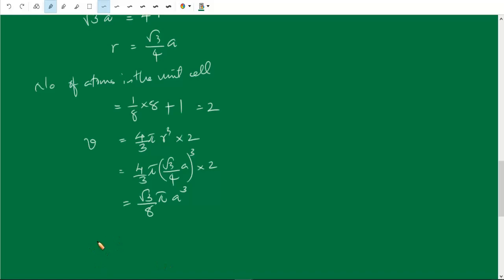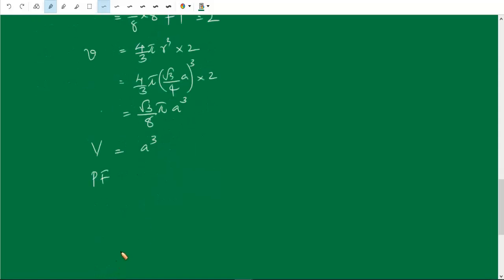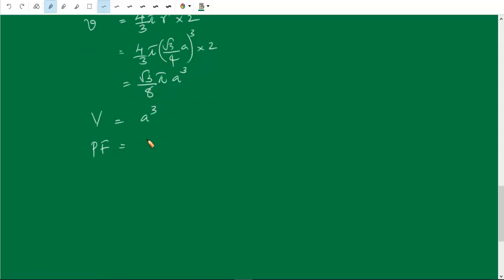Now the volume of the unit cell is a cube. Therefore, the packing fraction of BCC is root 3 by 8 pi.